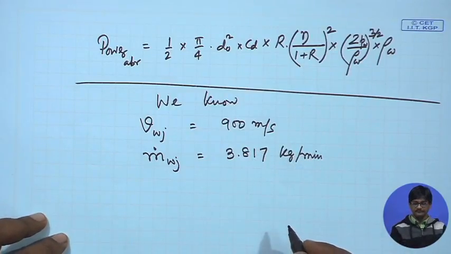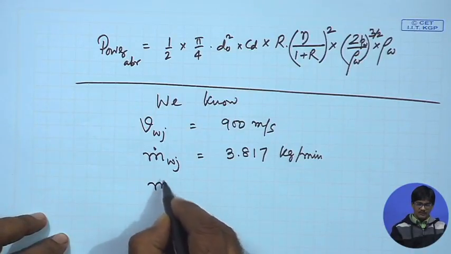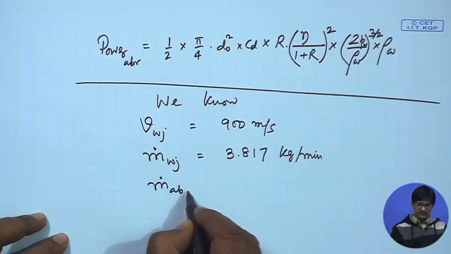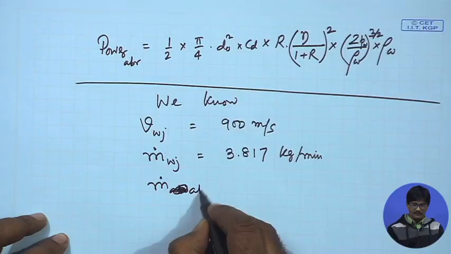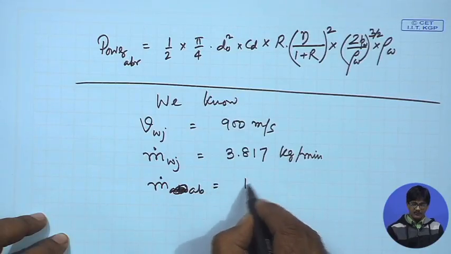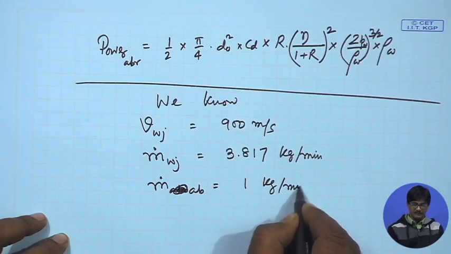And the mass flow rate of abrasive was stated to be 1 kg per minute.